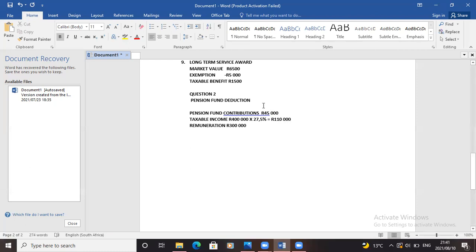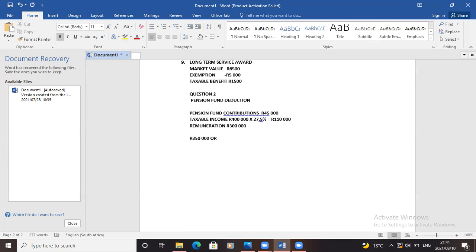Then out of the 45,000 contributions, the amount deductible is limited to the lesser of 350,000 or 27.5%.